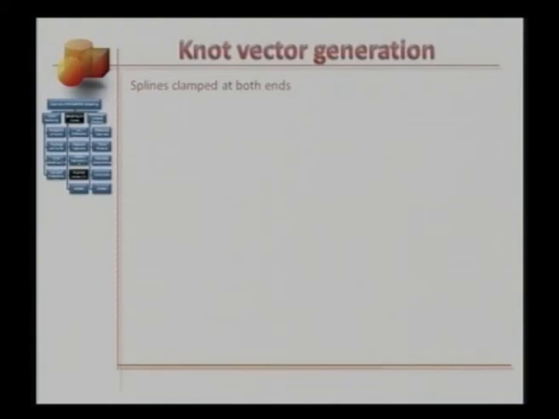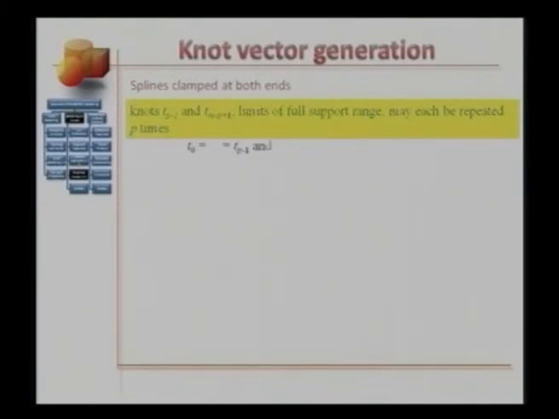Now this one could be a tricky one. Splines clamped at both ends. Now notice that the knots Tp minus 1 and Tm minus P plus 1, which are the limits of the full support range, may each be repeated P times. This would mean that T0 equals T1 equals T2 up till Tp minus 1.